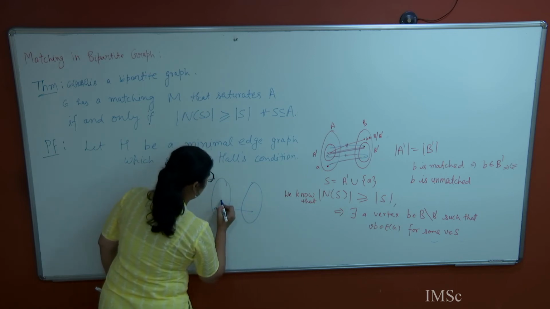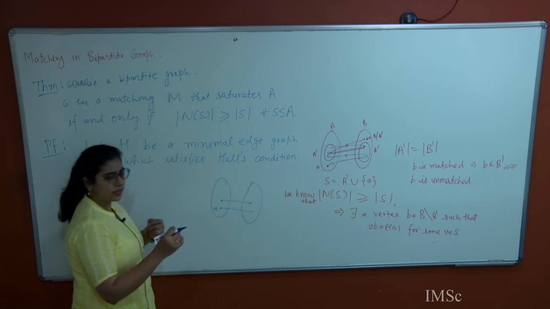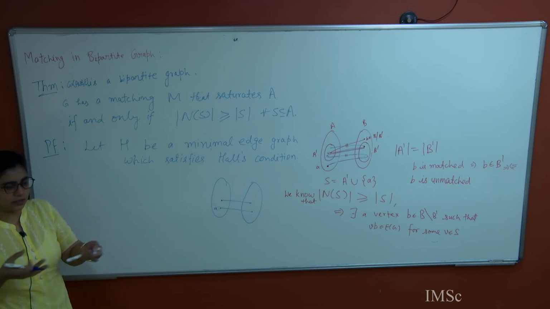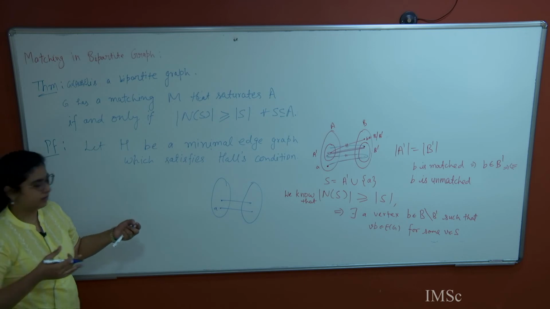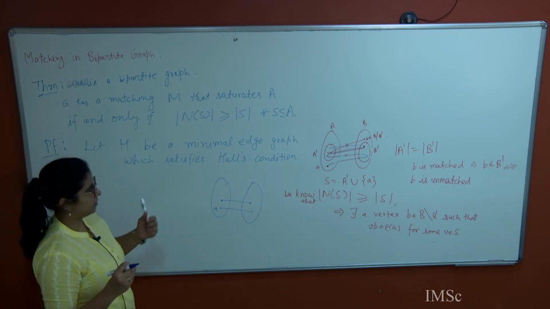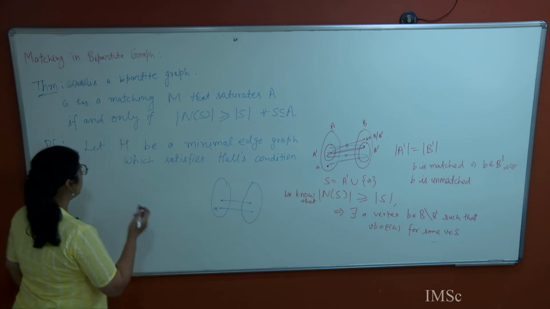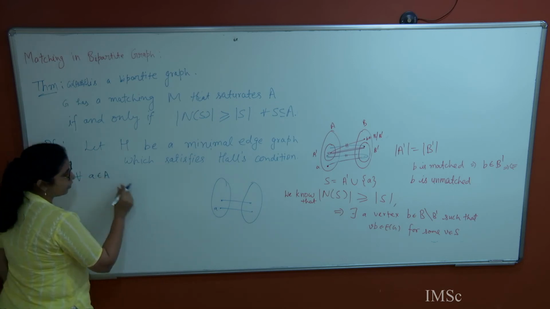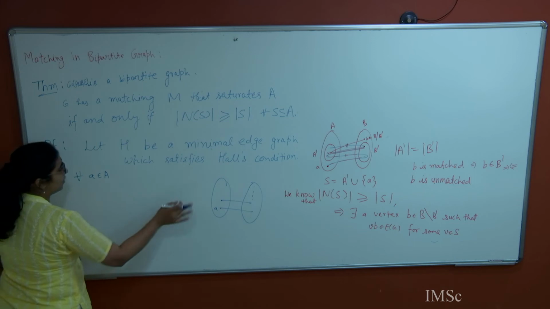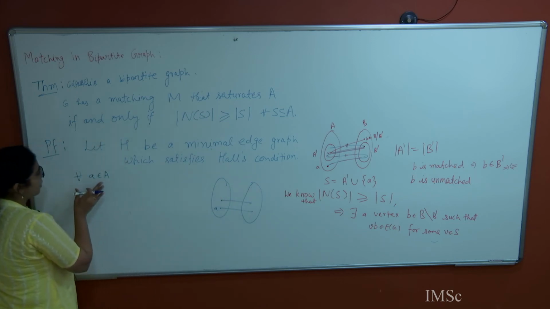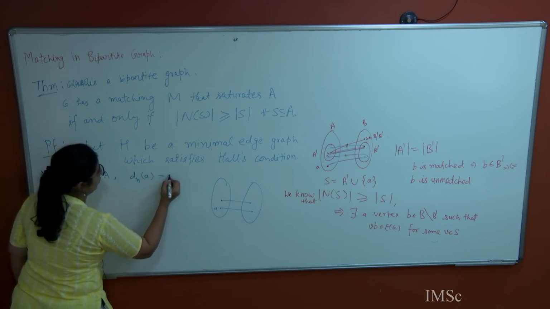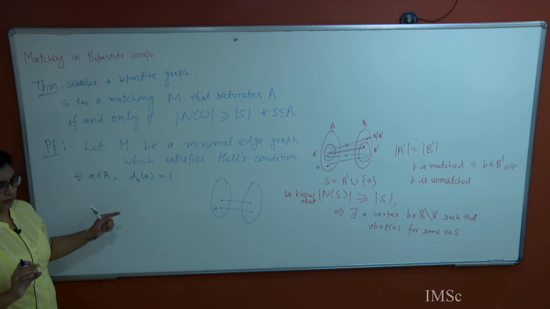So, if we are able to show that for every vertex there is only one neighbor in B, then we are done, because that means H is a matching itself which saturates A. So, given this H, we want to prove that for every A in A, in H the degree of A is 1.